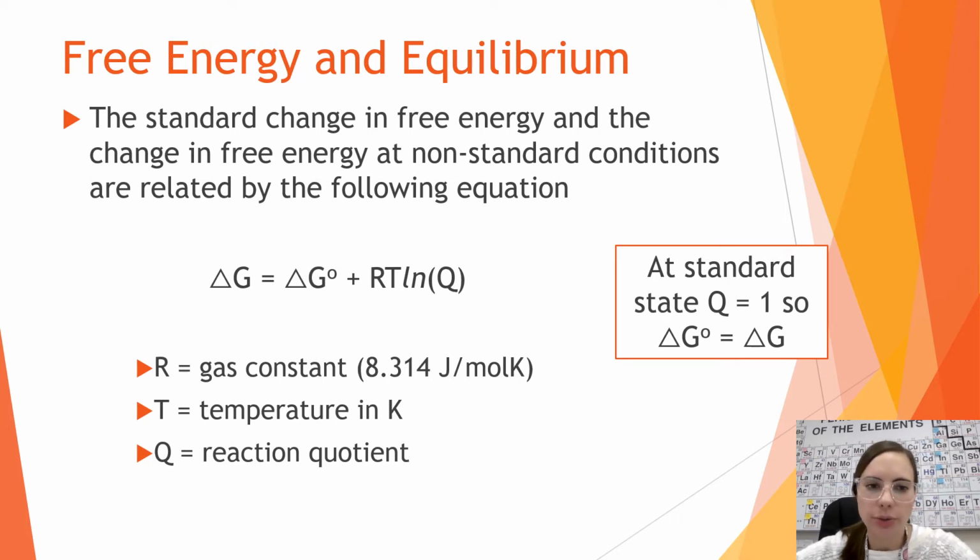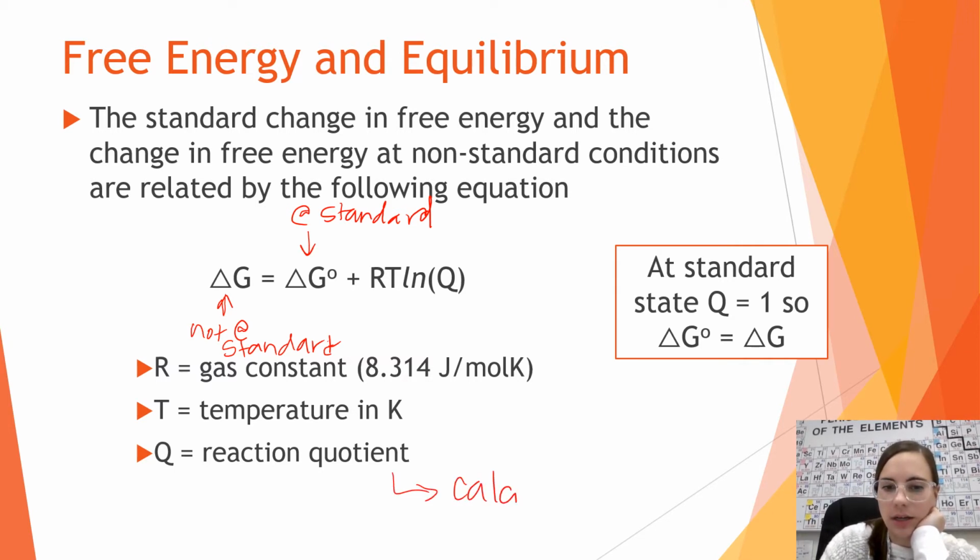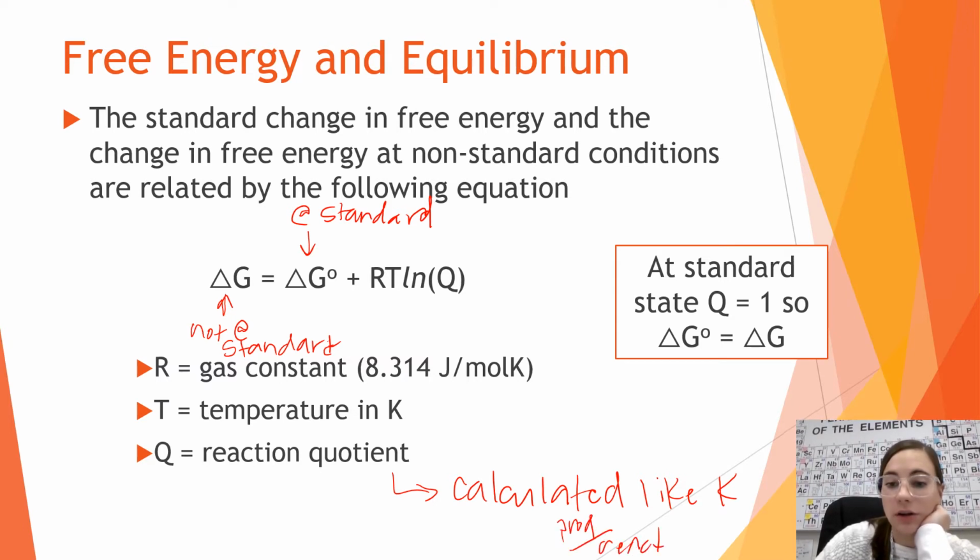We have this equation below, which tells us that delta G at non-standard conditions is equal to the delta G at standard conditions plus R, which is the gas constant, times T, temperature in Kelvin, times the natural log of Q. Remember, the reaction quotient is calculated just like K, so we have our products over reactants raised to their coefficients, okay?